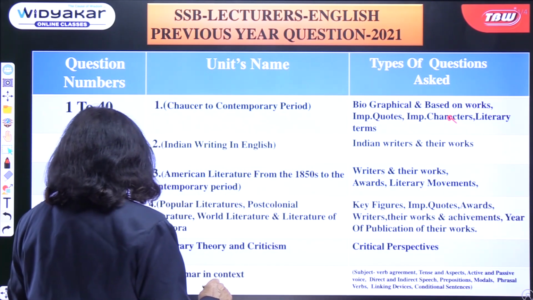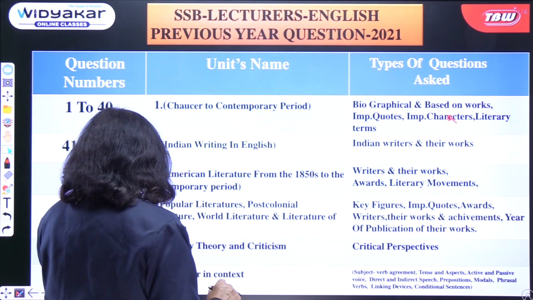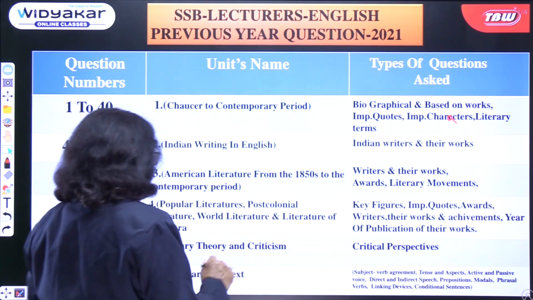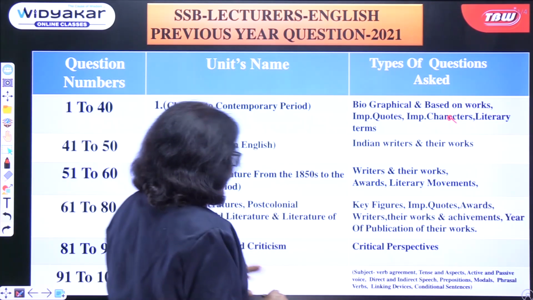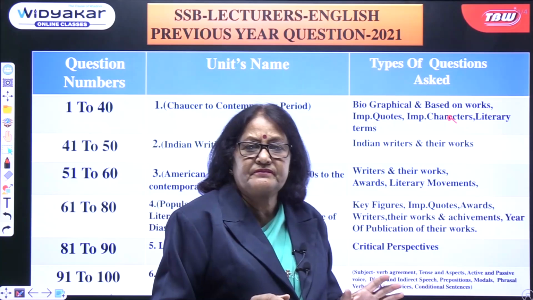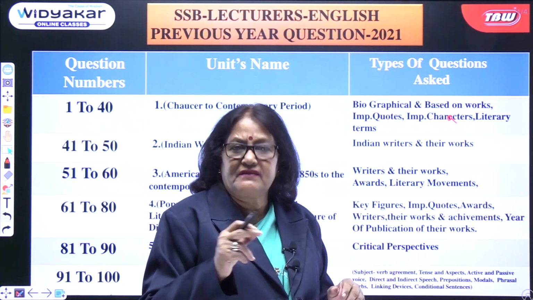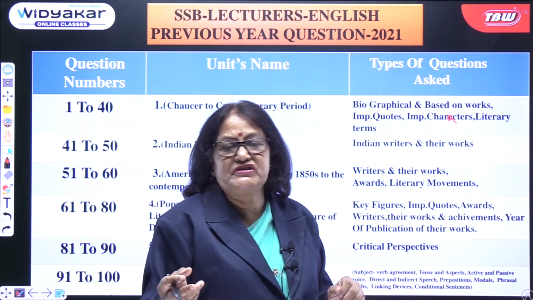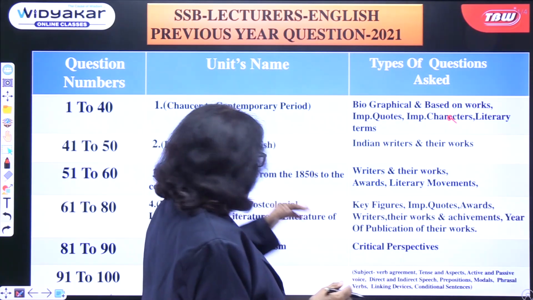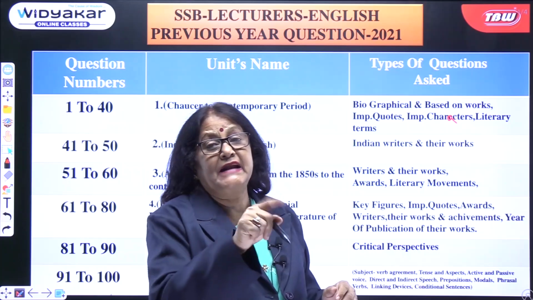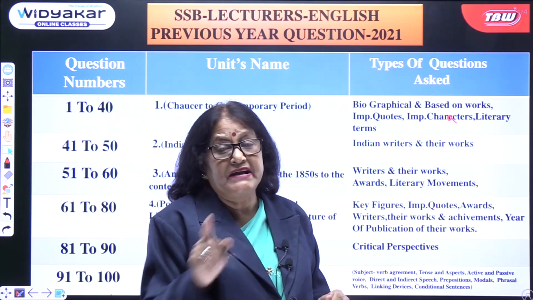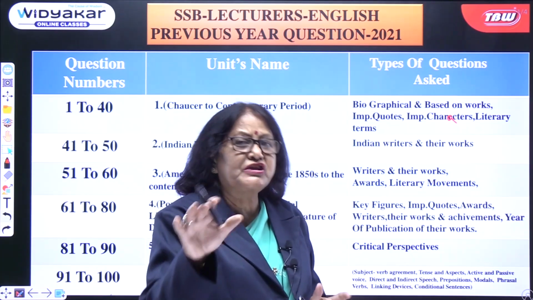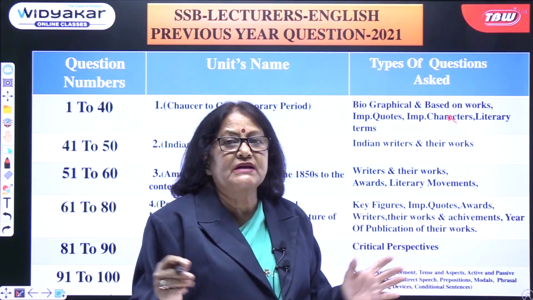Then questions 61 to 80, these 20 questions, are from popular literature, post-colonial literature, world literature and literature of diaspora. That means European literature: French, Italian, German, Norwegian. Then post-colonial means after the Second World War, 1945 onwards, when British colonialism almost came to an end and many countries got their independence.